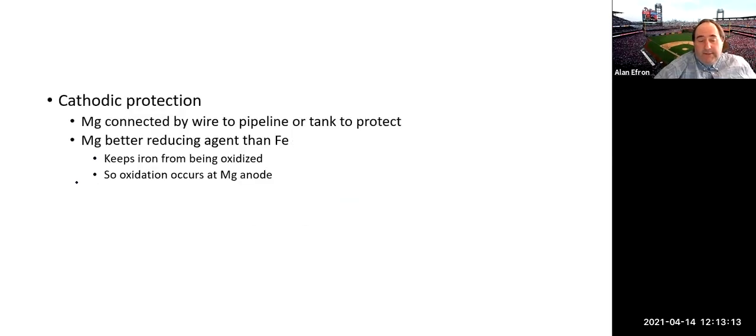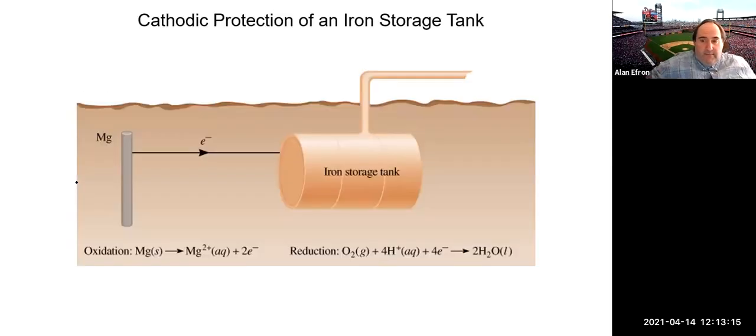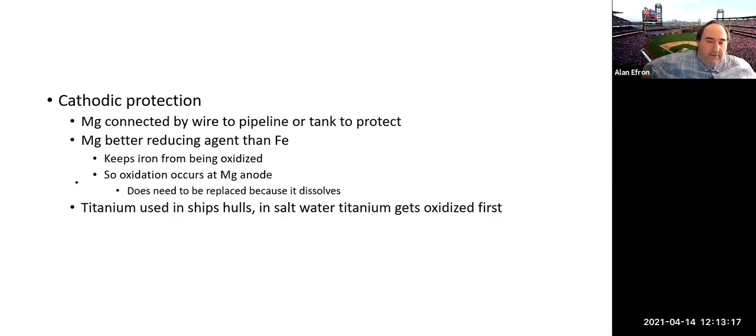That's also sometimes what they used to use when they would bury tanks underneath the ground. Obviously, when you do that, there's a lot of moisture underneath there, and especially if you happen to be putting an iron tank underneath the ground, that is a recipe for a lot of corrosion. So you could attach something like magnesium, for example, with a wire to that tank. Magnesium is a better reducing agent than iron.